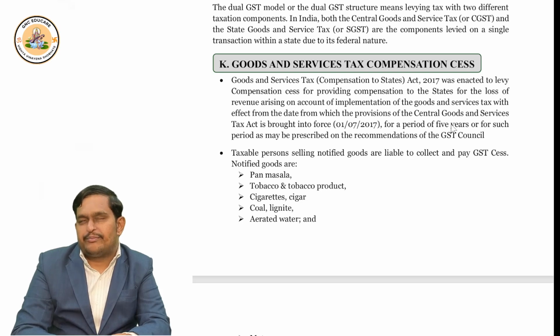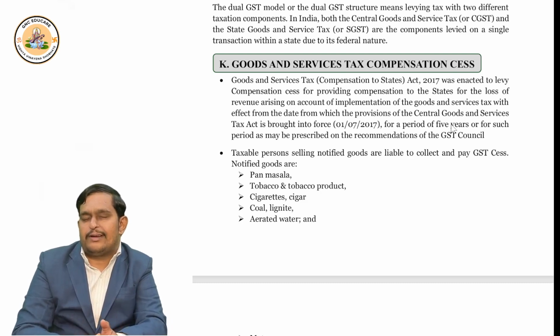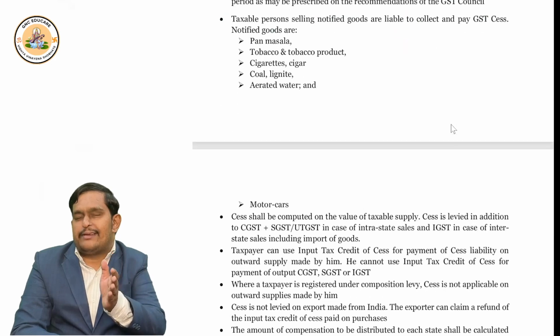Then motor car, pan masala, right? Coal and lignite also. So pan masala, tobacco and tobacco products, coal and lignite, cigars and cigarettes, aerated water, motor car. On these 6 products, GST compensation cess is levied.